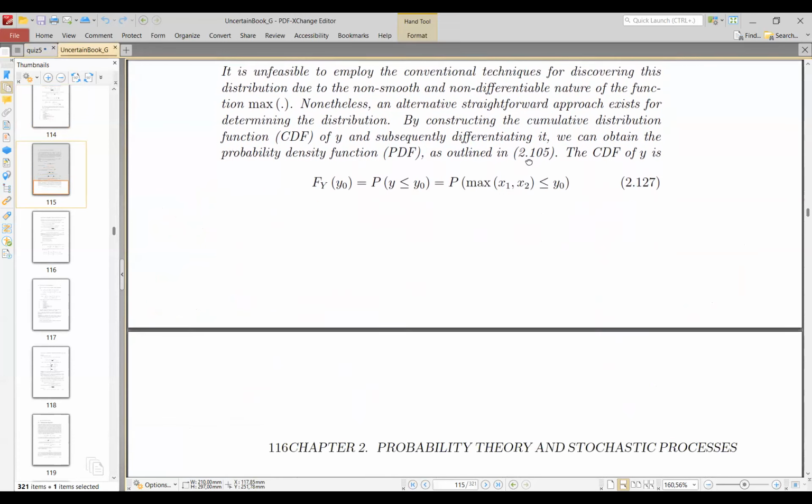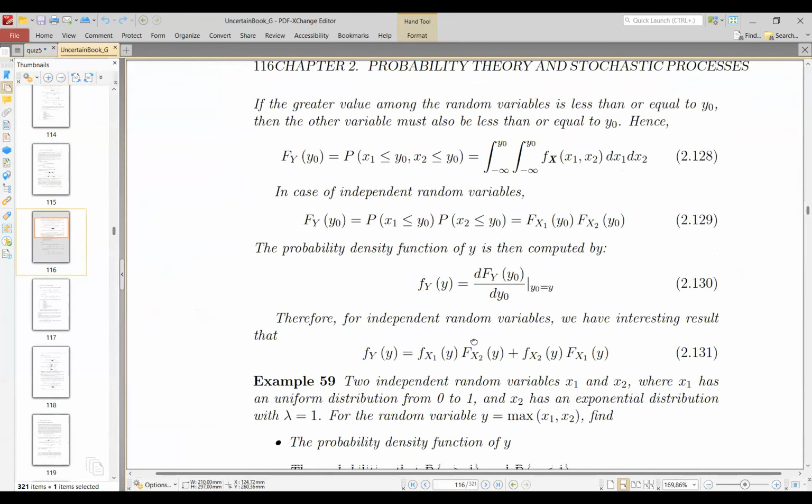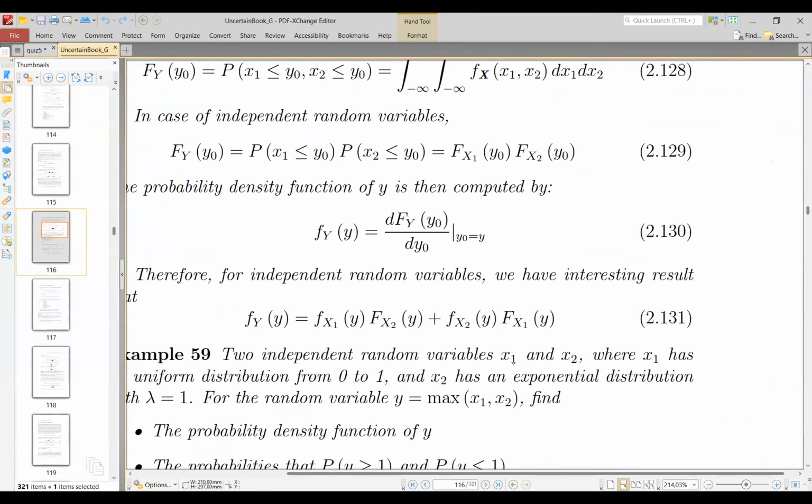And for the independent case, it was already given. So the distribution of y should be the probability density function of x1, where you remove every x and put y, times the cumulative distribution function of the second distribution, which is also exponential but with lambda equal to 2, plus this one.